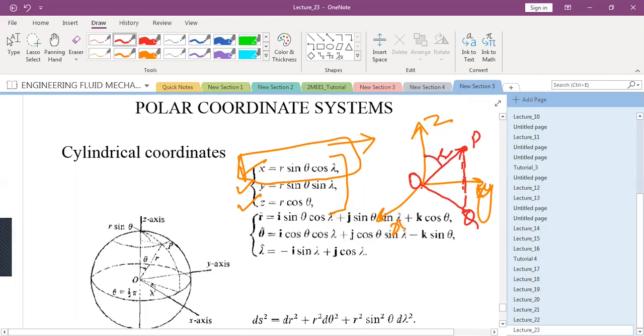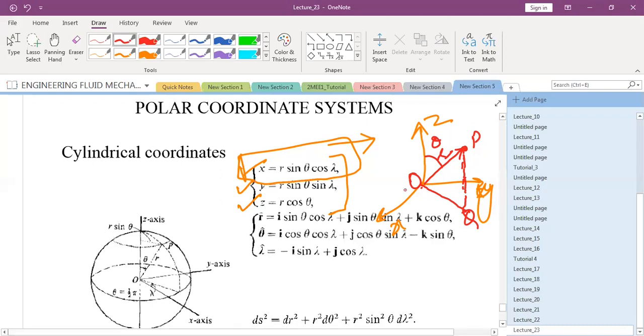Now if this is theta, what is OQ equal to if OP is R and this angle is theta?